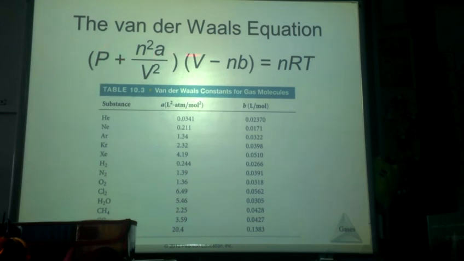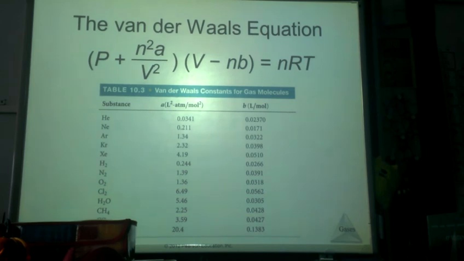So a and b here are just going to be experimental values that I have to determine. a is a measure of how strongly the gas molecules are going to attract one another, and b is going to represent a measure of the finite volume that's occupied by those molecules. So a and b, again, are just experimentally determined, and I think all we need to know is that a and b generally increase with increasing molar mass, okay?